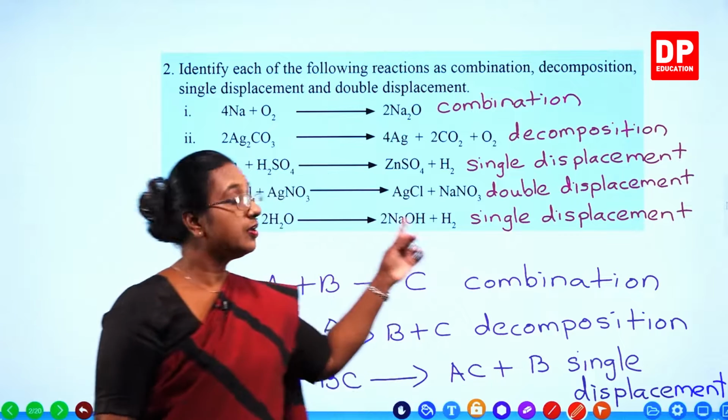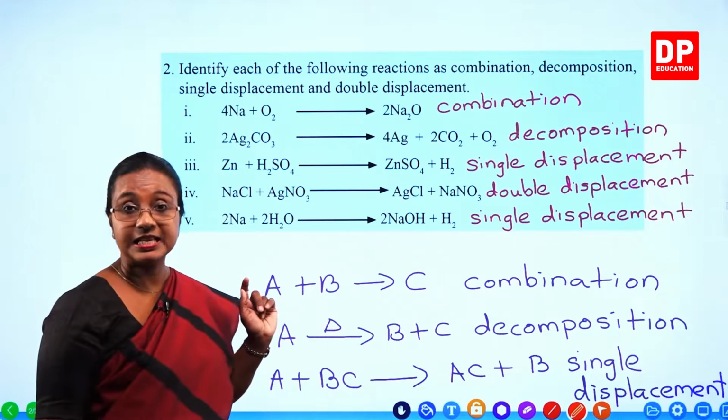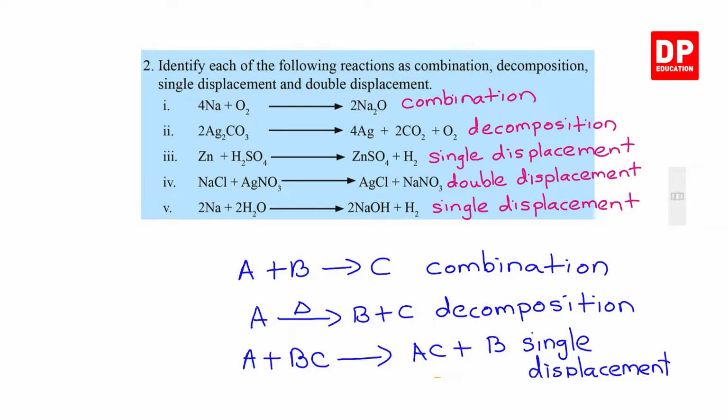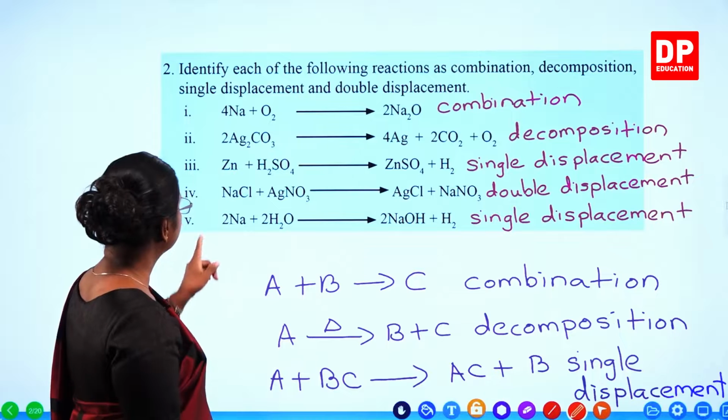So I'm sure you all can identify all these correctly. Sodium and oxygen giving sodium oxide, chemical combination or combination reaction. Silver carbonate decomposes to silver, carbon dioxide and oxygen, decomposition. Zinc and sulfuric acid giving rise to zinc sulfate and hydrogen, single displacement.